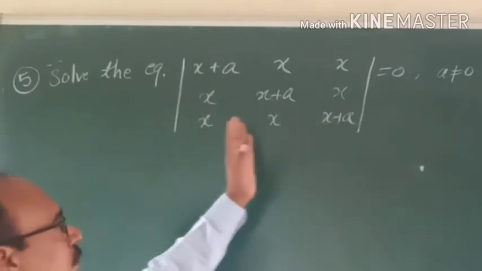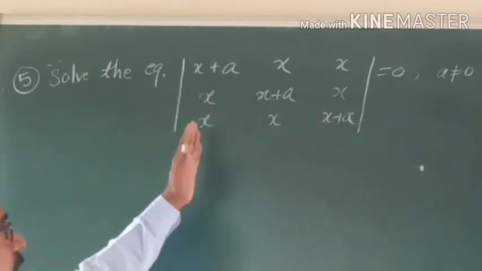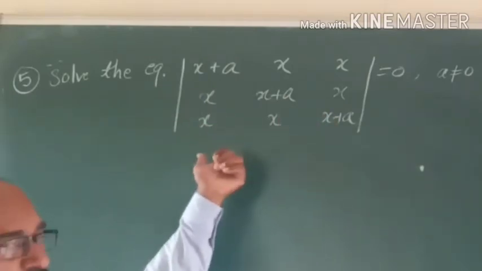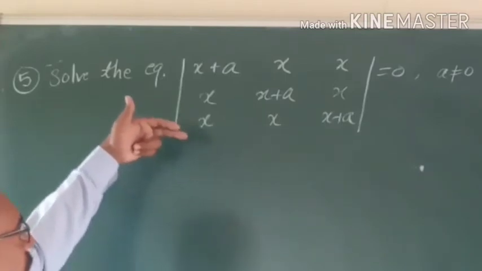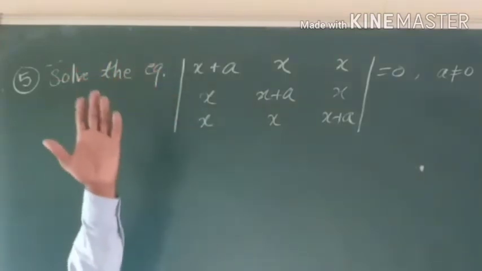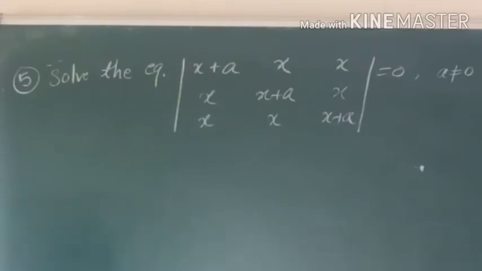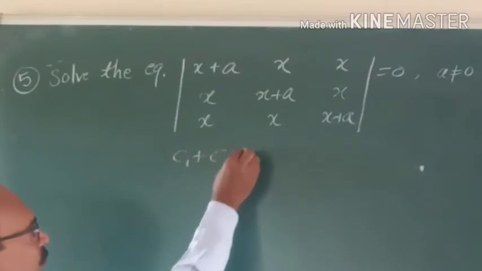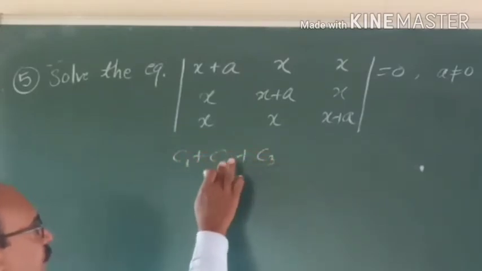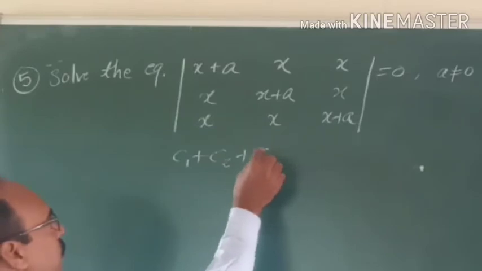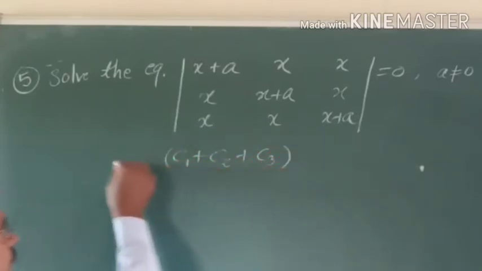There are two options. Either you may apply C1 plus C2 plus C3 on the first column, or R1 plus R2 plus R3 on the first row. So here I am applying C1 plus C2 plus C3 on C1.